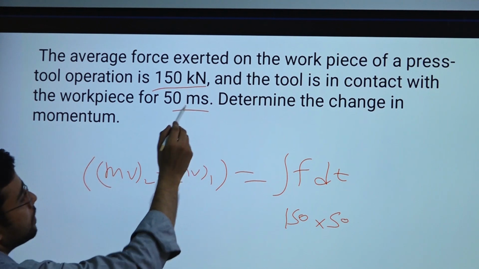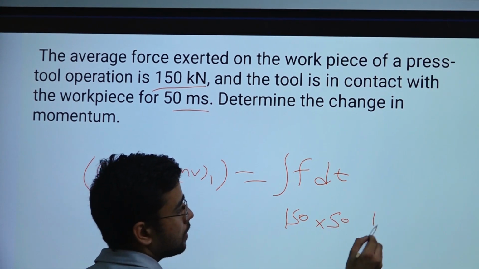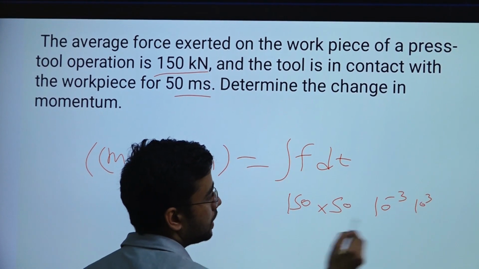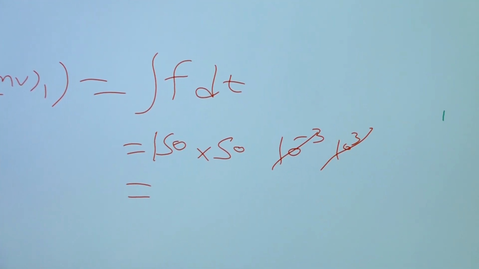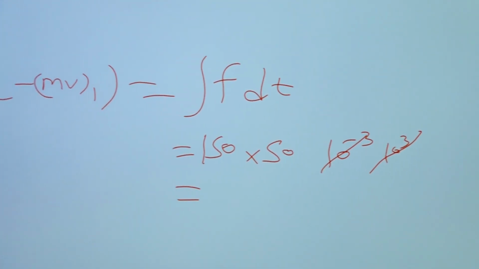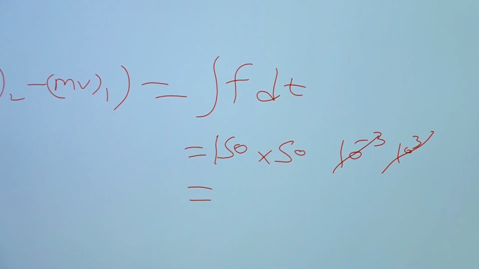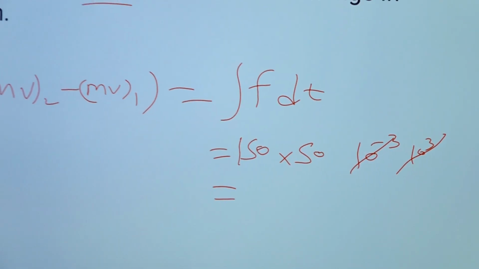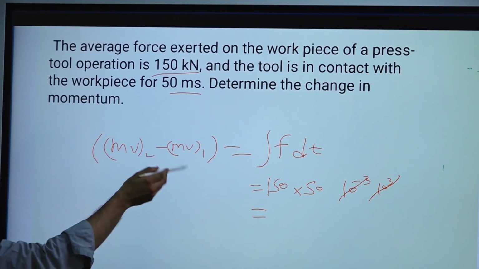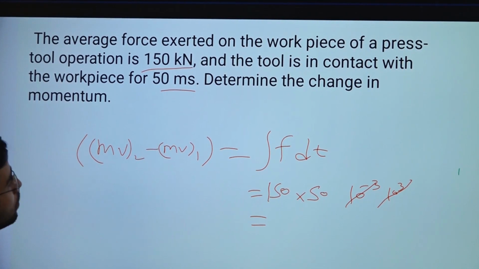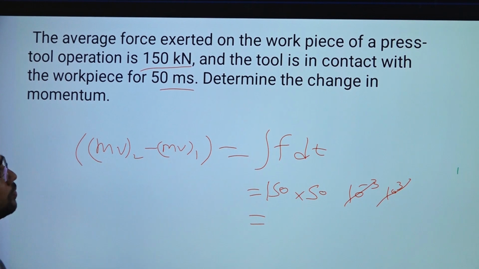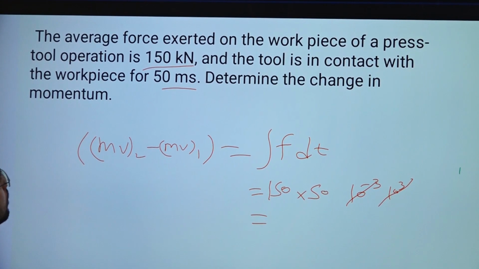Kilonewton is 10 to the power 3 and millisecond is 10 to the power minus 3, so they cut down. So 150 into 50 will be our change in momentum. That's how we are going to apply this in industry, because this is a numerical of an industry. We have a press hitting a workpiece for a very short period of time. So from this numerical you may find that impulse is very important in the calculation of machines, when machines are working in that period of time.